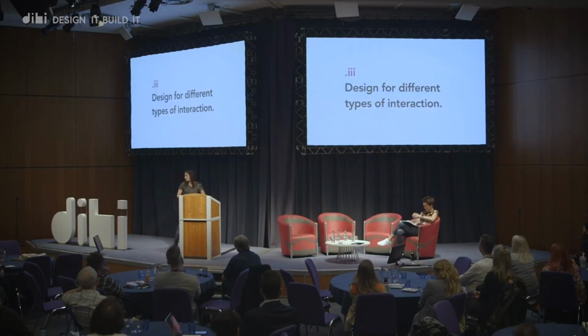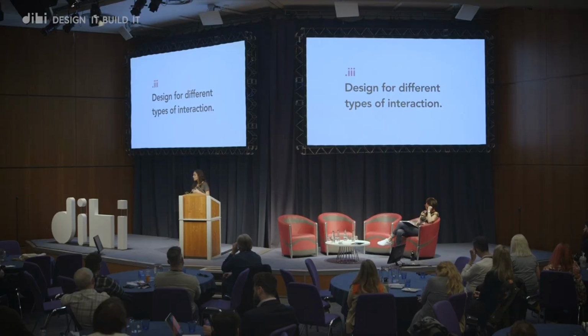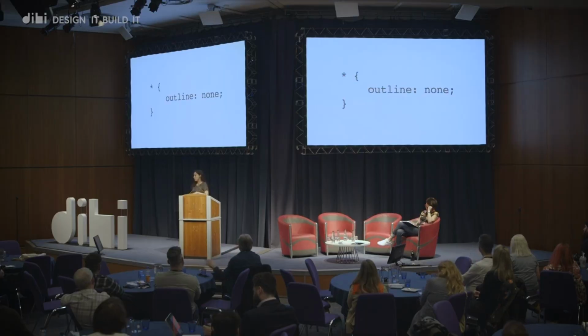And then we need to design for different types of interactions. So we need to prototype complex or custom interactions early if we're using more complex components. There's a lot of different assistive technology. I'm going to focus on the keyboard for one reason.